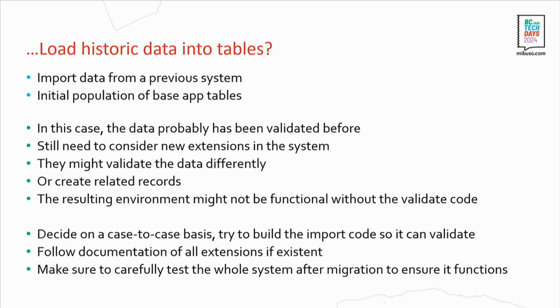Well, the system is a new one. If you're coming from NAV 2016, just to name a number, BC, what are we now, 24, the base app changed quite a bit. There might be new extensions installed that all might add new validation code, change existing validation code. They might validate the data just differently.